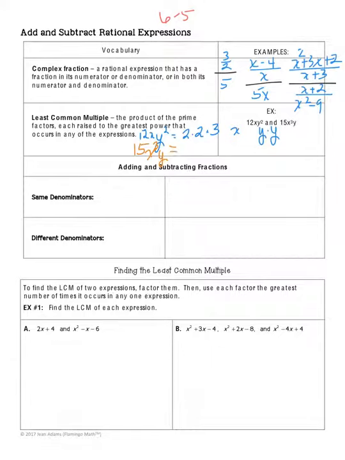So the 15 factors as 3 times 5, and I'm going to line up any like factors that it has with 12. So 3 lines up with the 3, and then the 5 gets its own column right here. It doesn't line up underneath anything, just like the 2's don't have anything beneath them. Then the 15 has 1x, so I'm going to line up 1x underneath the x from the 12, and it's got 2 more x's that will get their own column.